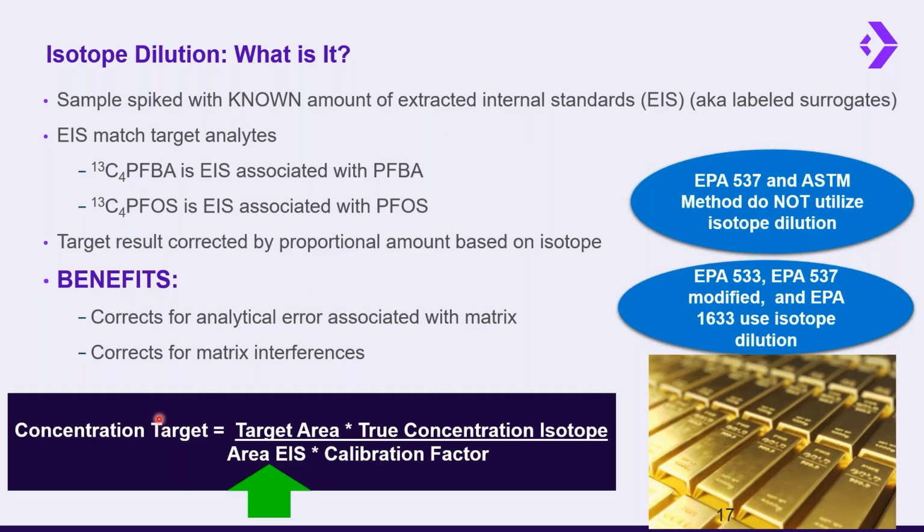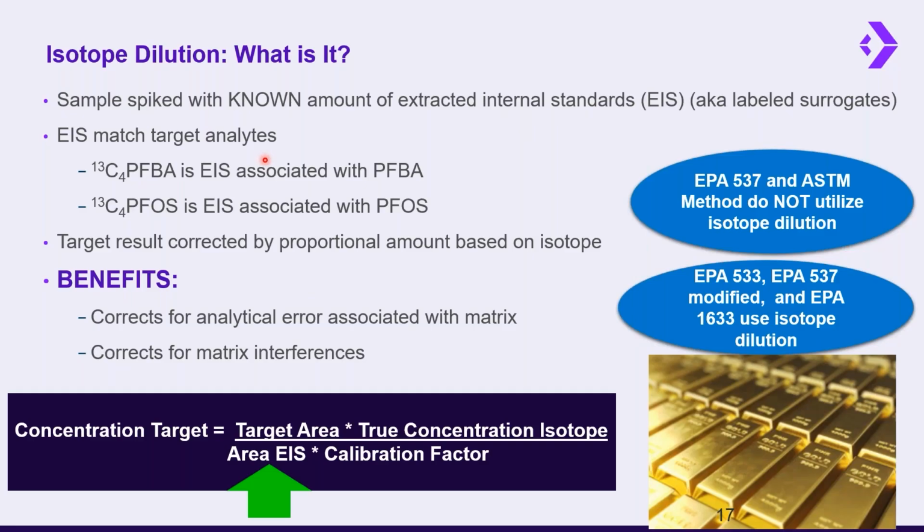Okay, a few more highlights of isotope dilution that are important to understand. How it works is our samples are spiked with a known amount of these carbon-labeled standards prior to the start of sample preparation. We call these extracted internal standards, EIS, and the extracted internal standards go through the entire preparation and analytical process as the samples. The instrument's calibrated for both the target PFAS chemical and the extracted internal standard.